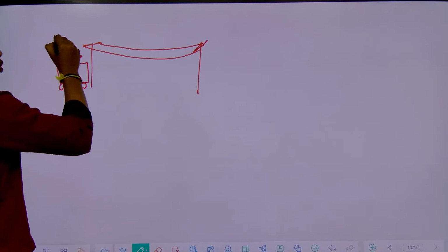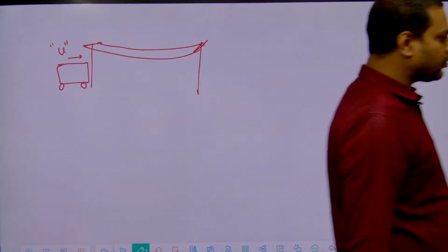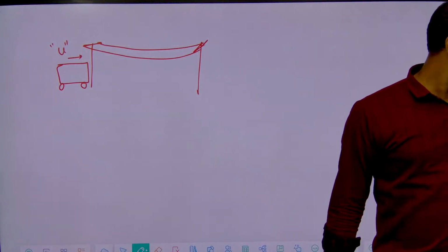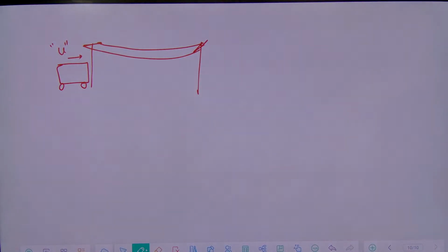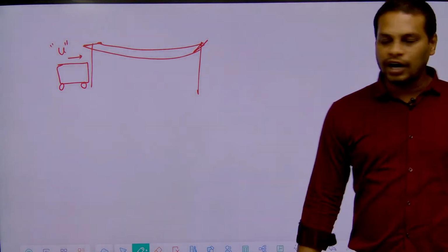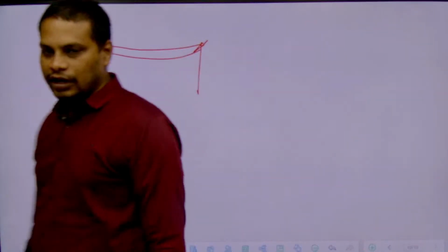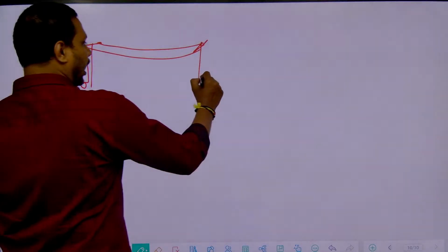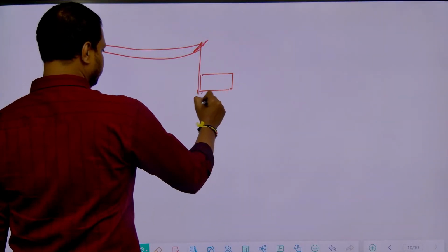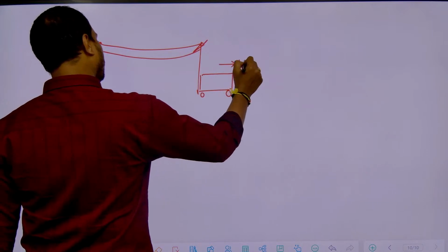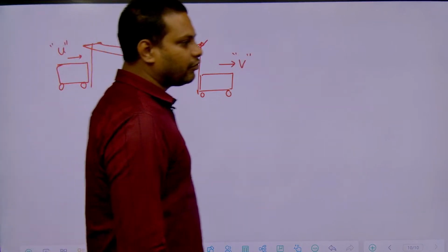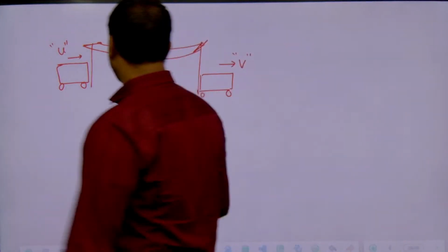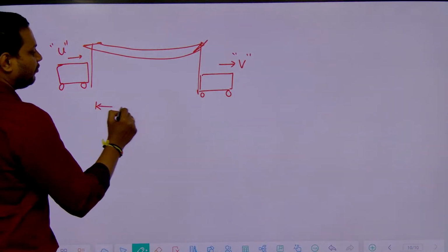A vehicle enters the first pole with velocity u and leaves the second pole with velocity v.